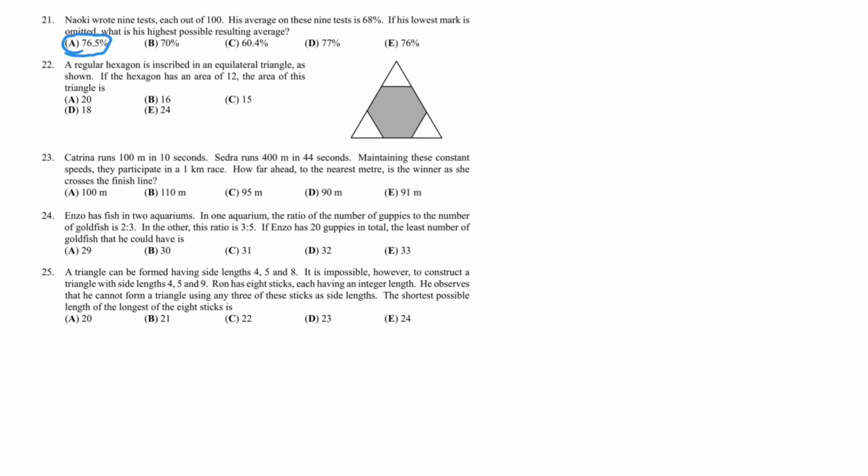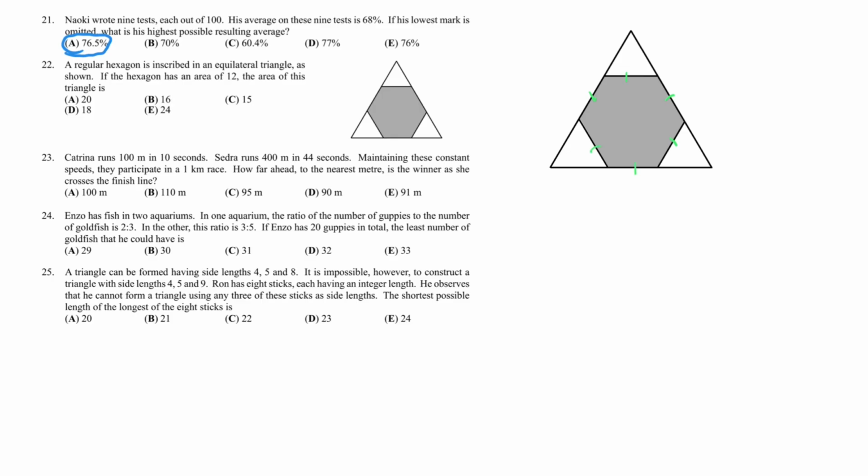Number 22. A regular hexagon is inscribed in an equilateral triangle as shown. If the hexagon has an area of 12, the area of this triangle is... Regular hexagon means that all the side lengths are equal.